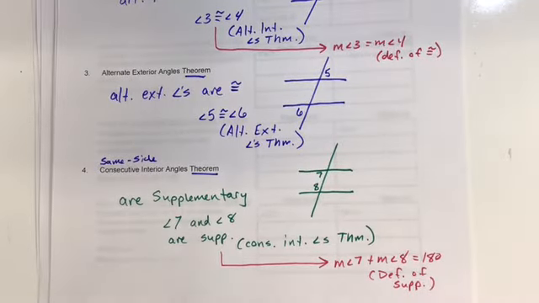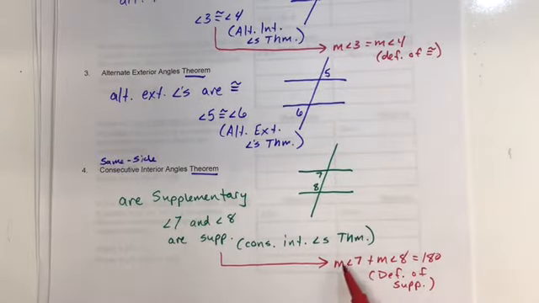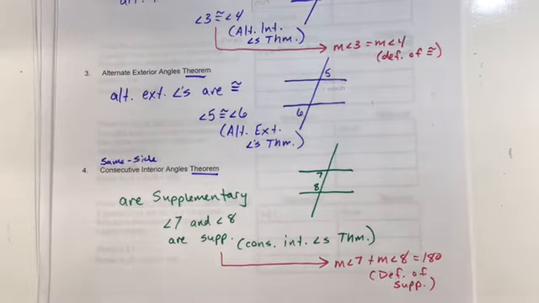Okay, so I have to put that into two pieces in my proof. I have to say they're supplementary with words because of the consecutive interior angles theorem, and I have to write the equation next because of the definition of supplementary. So the hardest part of this is making sure we get our equations in the right order. So let's try some examples.